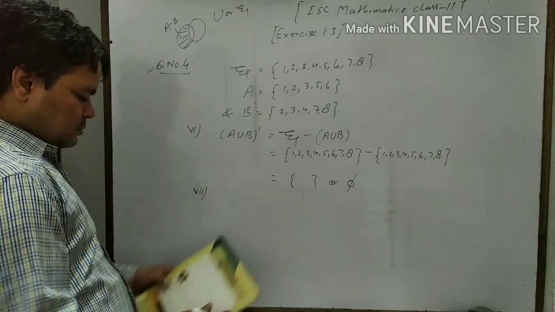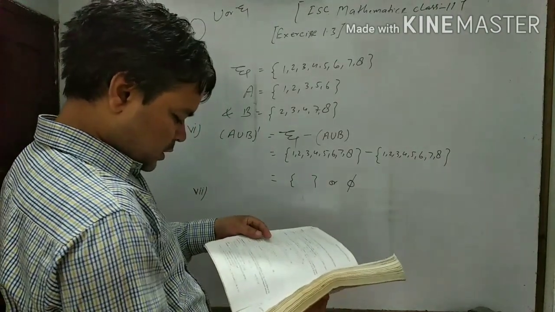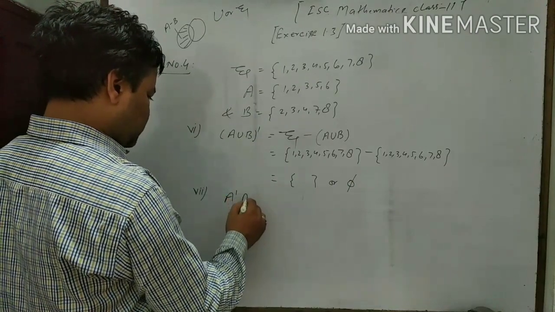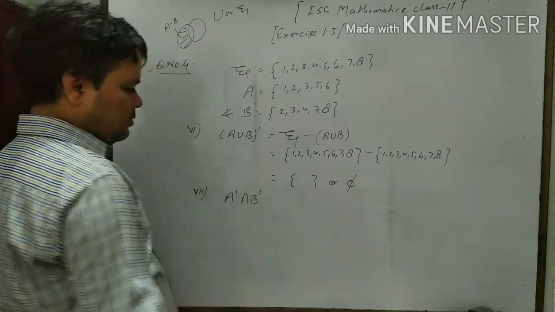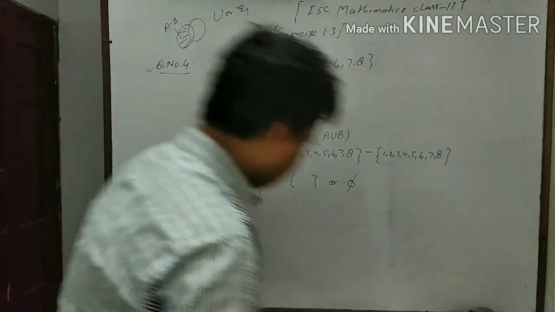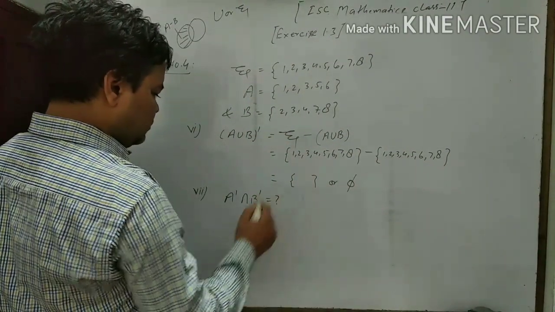Okay. Now the seventh part of the question is complement set A intersection complement set B. We have to find its value.